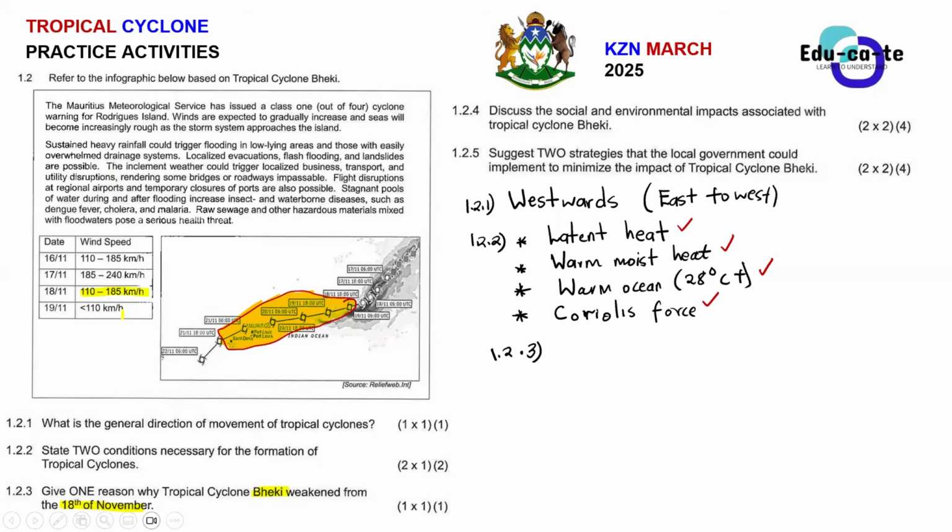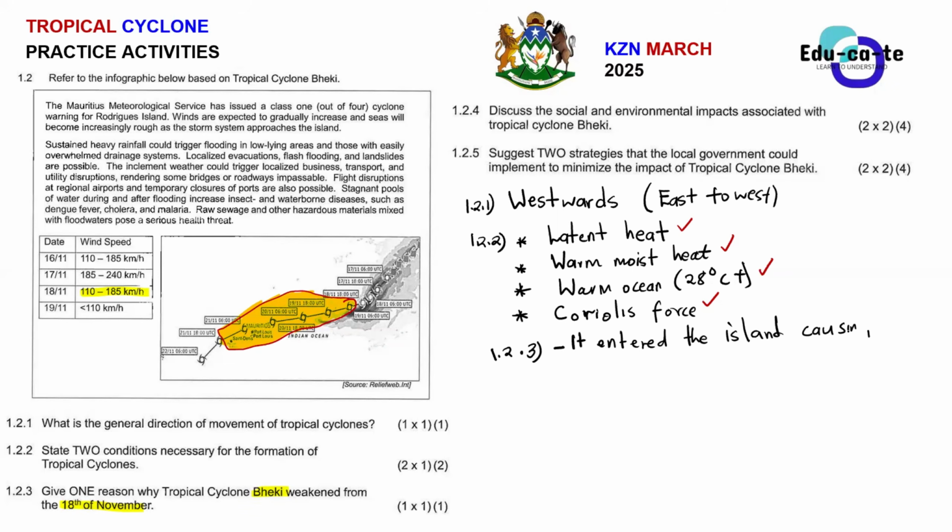Paul. So it weakened due to reaching the land. Yes, okay, so basically it experienced friction. So we say that the tropical cyclone Peggy entered the island, or you can say entered the land. And obviously when it enters the land, it experiences friction.